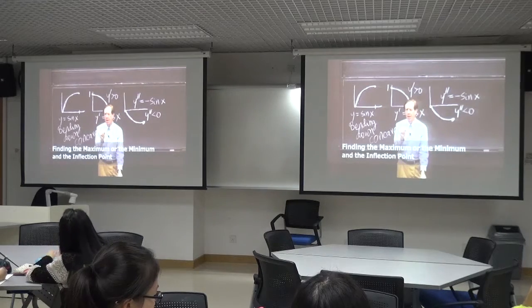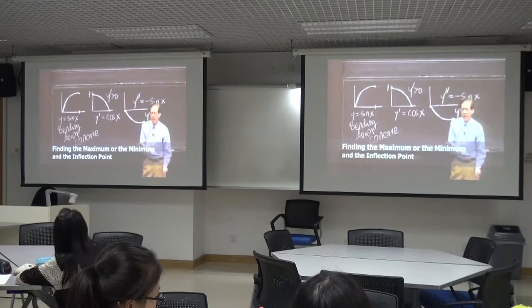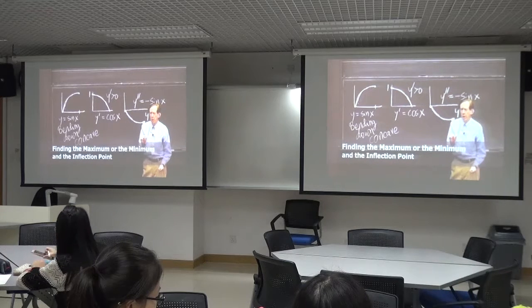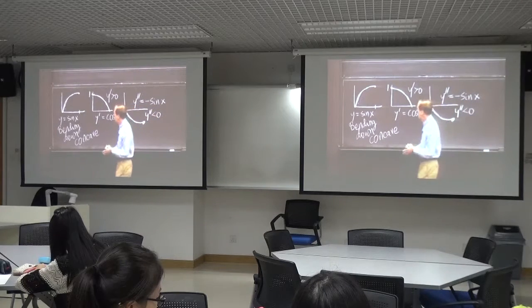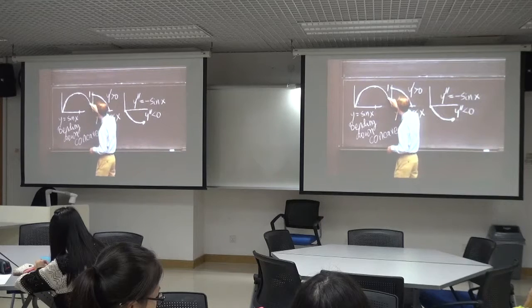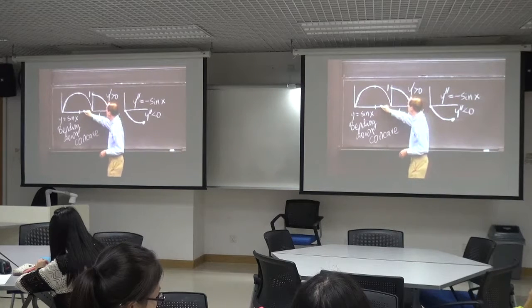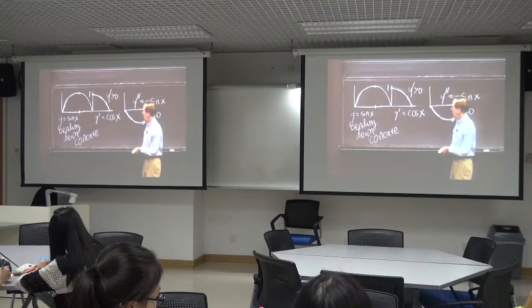Let me continue these graphs just a little beyond 90 degrees, pi over 2, because you'll see something interesting. So what happens in the next part of the graph? So this is going, the sine curve, of course, continues on its way downwards.